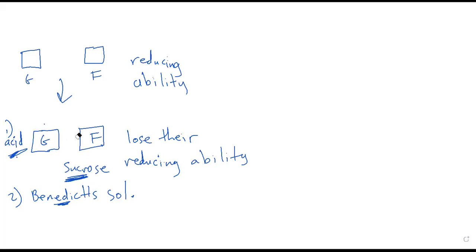All right, so when we do it, I know how it is said in the lab, you might think that you're actually carrying out a reaction with the non-reducing sugar. But in reality, when you add the Benedict's solution after the acid, it's not a non-reducing sugar that is giving you the color change.